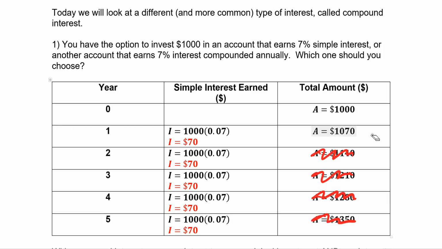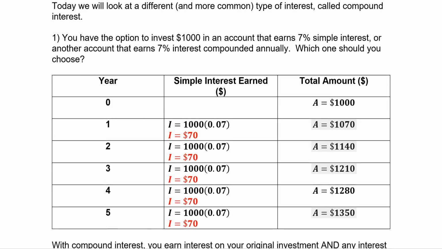The next year, we add $70 again, and then again and again. So over a 5-year period, we're going to end up with $1,350 with simple interest, by adding $70 every single year.